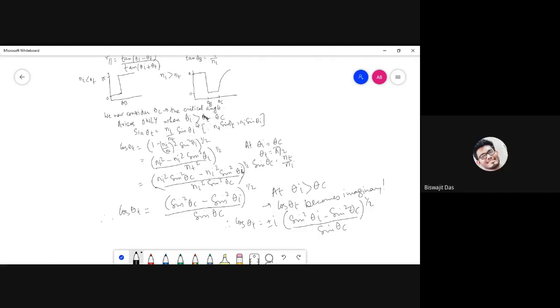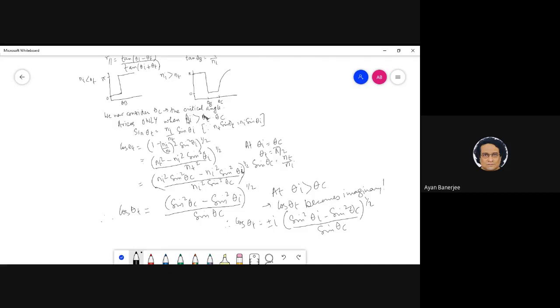That does not make any sense, right? The statement doesn't make sense. What we should write is theta t greater than pi by 2. So we should basically write when the transmitted angle is greater than 90 degrees.